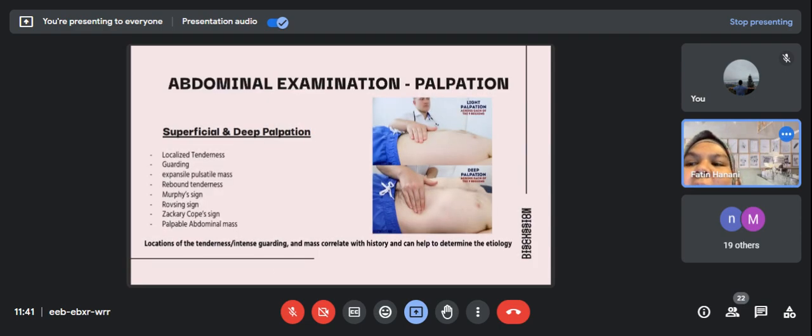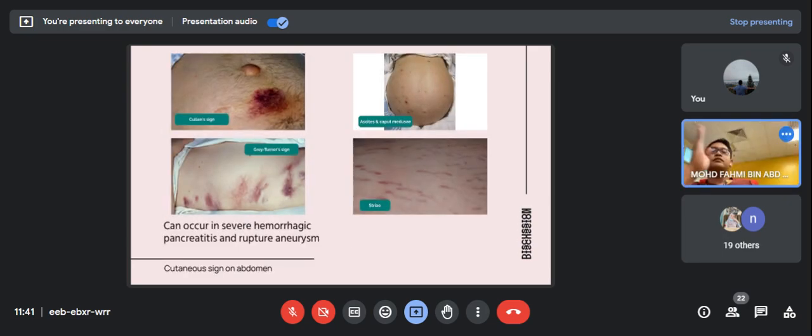Patah balik belakang. Cullen sign and Grey Turner sign ni dia sign of hemorrhagic lah kan. So which area of abdomen can lead to these two signs? Around the umbilicus and the left flank. Okay, pain itu kat abdomen lah, itu yang nampak cutaneously.